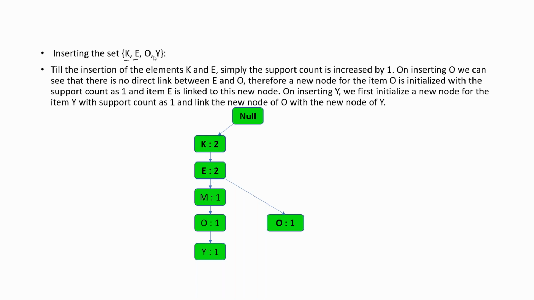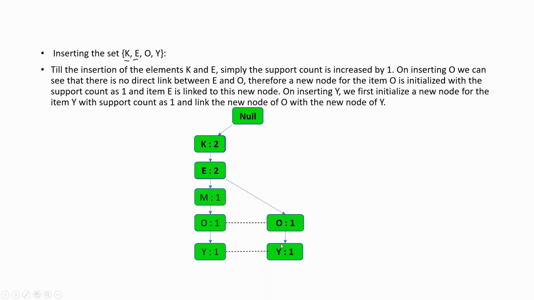Okay, then one other element Y is also there, so we will add Y also, and we will join them in the same alignment. It does not have any changes. We will not increase the count of O here and Y here, although they are appearing twice. We will not increase because we had made another node for O and Y. They are linked to the initial O and Y, but we made another node with 1.